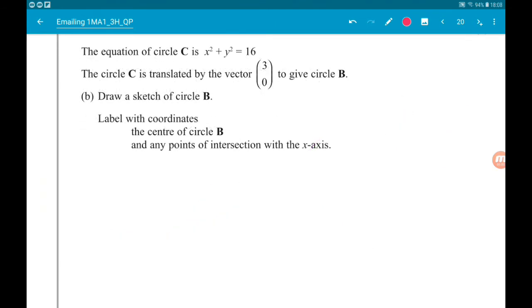Okay then, for part B, the equation of circle C is x squared plus y squared is equal to 16. So that's a circle centered at 0, 0 with a radius of 4. In fact, let's sketch it.